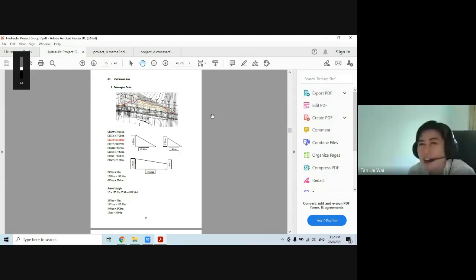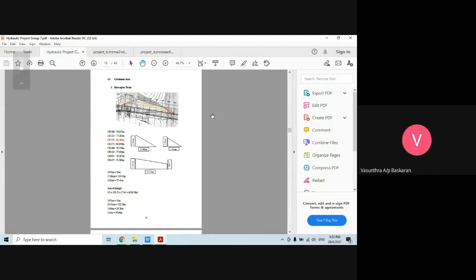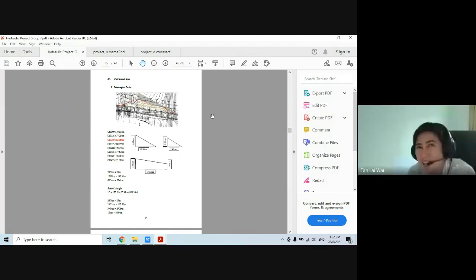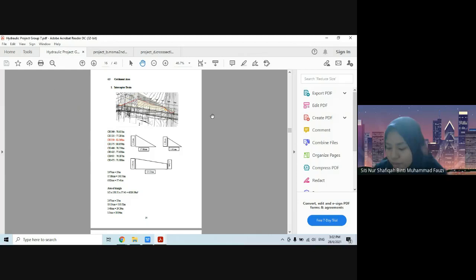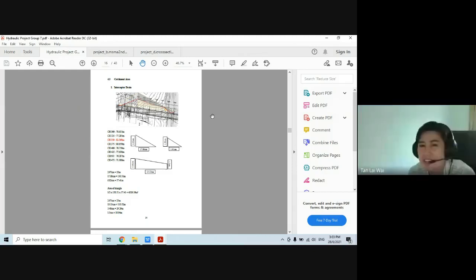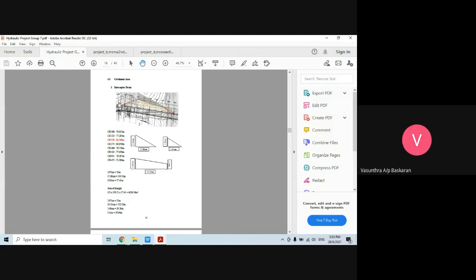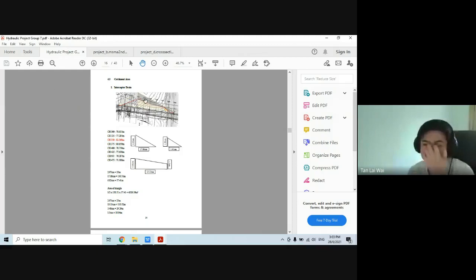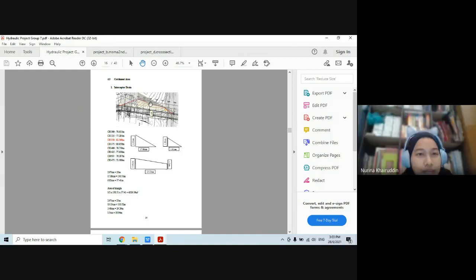Aliran bergerak dari kawasan rendah ke tinggi ya? Dari tinggi ke rendah, kiri ke kanan. Kiri ke kanan. Kalau saya tengok graf tadi macam tak semestinya. Dia yang bench.